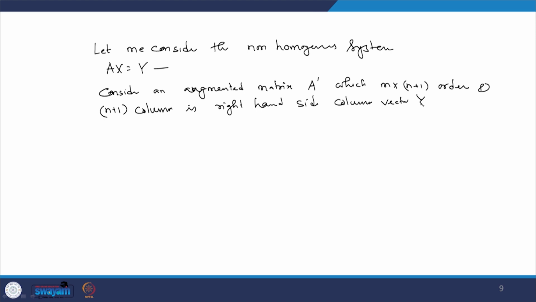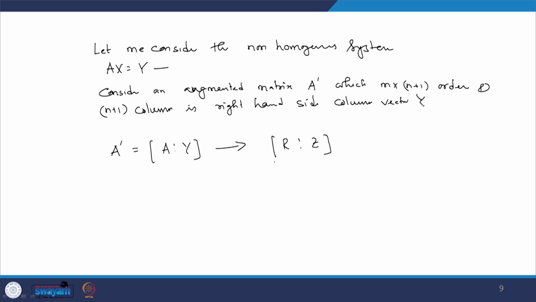And then one has to do the elementary row operations. So, from this A prime, which is basically A colon Y type, when you transform this matrix through the elementary row operations, multiplying each time by elementary matrices, suppose through this sequence of process I will have R colon Z type.